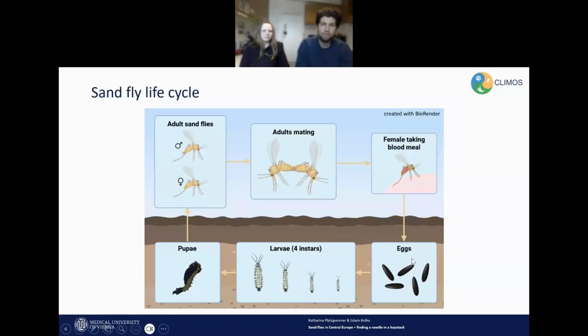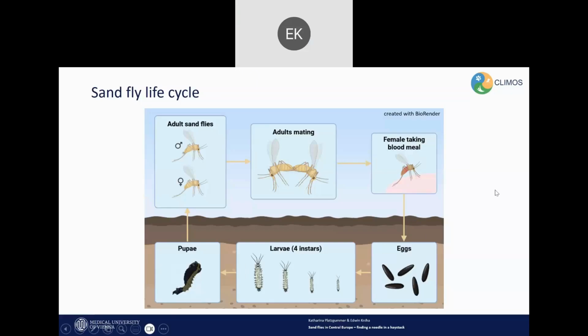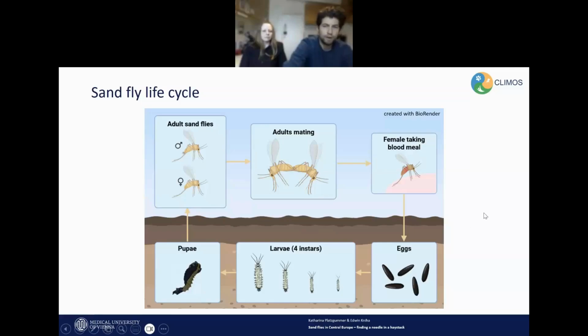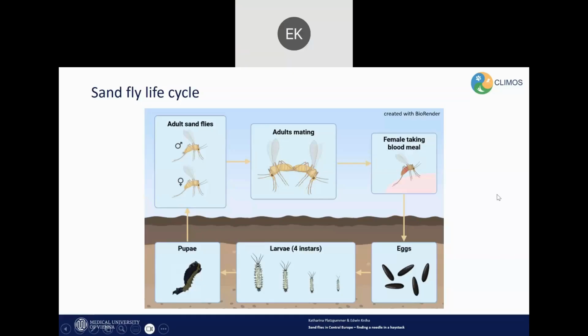Females are depositing their eggs in soil, and from those larvae would emerge in 4 instars, molt into pupae, and the pupae are then emerging again as adults, altogether taking a couple of weeks, of course, very much dependent on the temperature. And particularly these pre-adult life stages happening in soil make it quite challenging for us to detect sandflies, or to detect particularly pre-adult stages, as they are very well hidden.